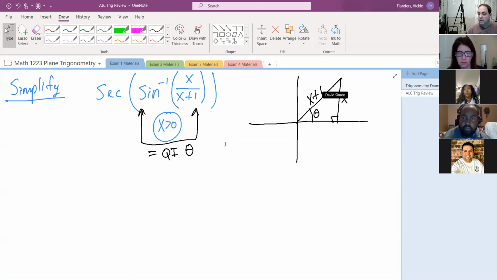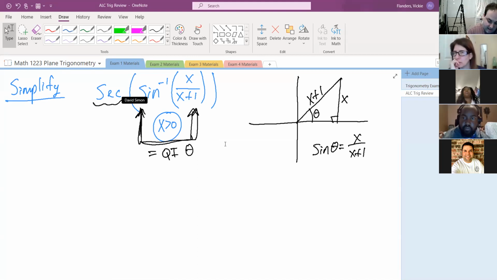Notice in that triangle, the opposite over the hypotenuse is x over x plus 1, which tells me that the sine of theta is x over x plus 1, which is exactly what the inside is requesting, that the inverse sine of that ratio be theta. Okay, so then the only thing left is I want to do secant of that theta.